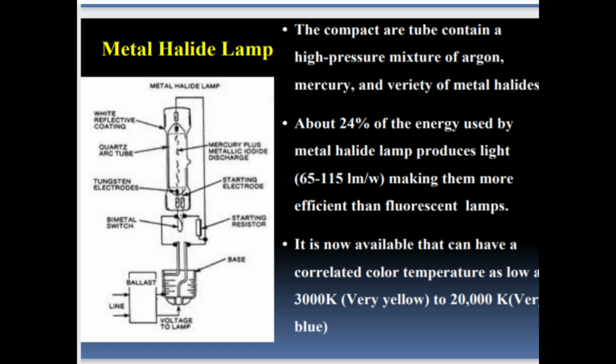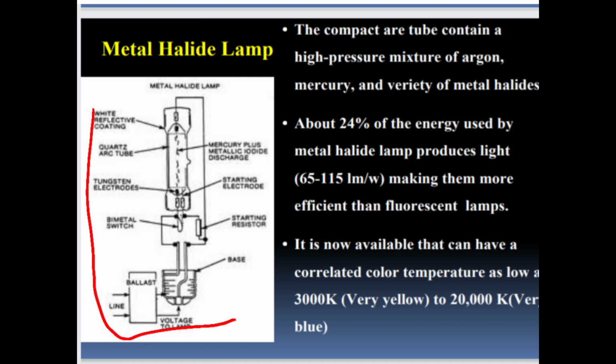It is now available with a correlated color temperature as low as 3000 K, very yellow, to 20,000 K, very blue. So this is the metal halide lamp. This is the diagram of the metal halide lamp.